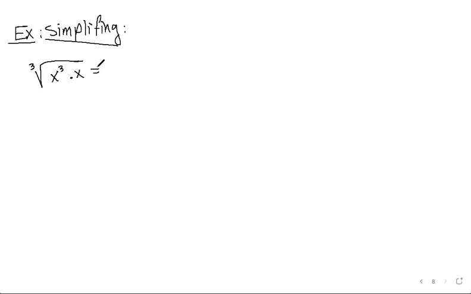Perfect. This is what I'm going to do. So I have to separate everything inside by using the property. Now what does that give me? What's the answer?